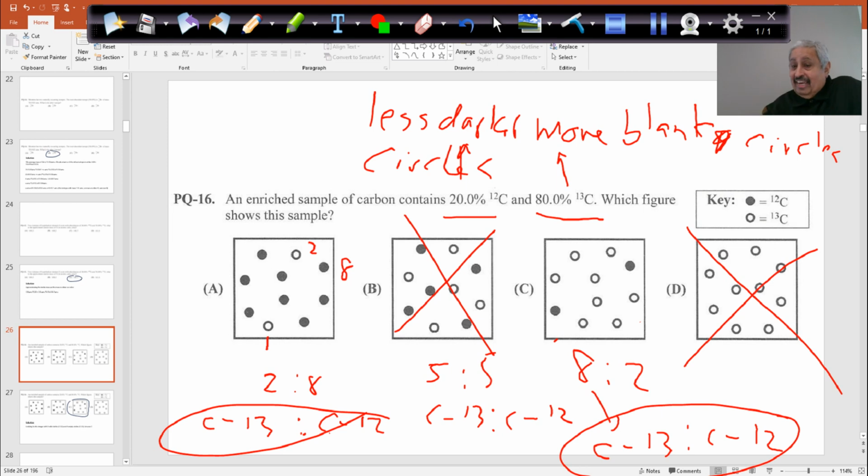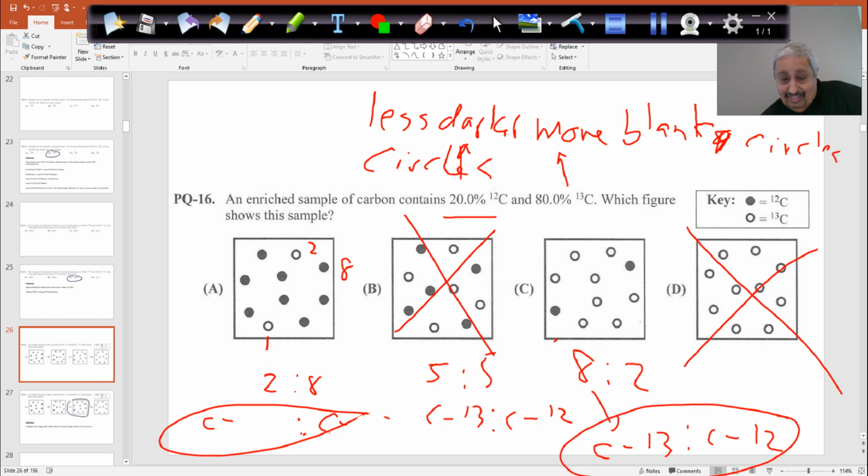We have 80 blanks. The carbon 13 is 80, those are the blank ones. The majority is blank. And the other one is the opposite. That's the reverse here.